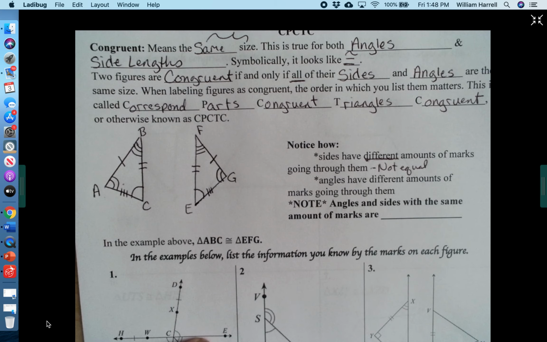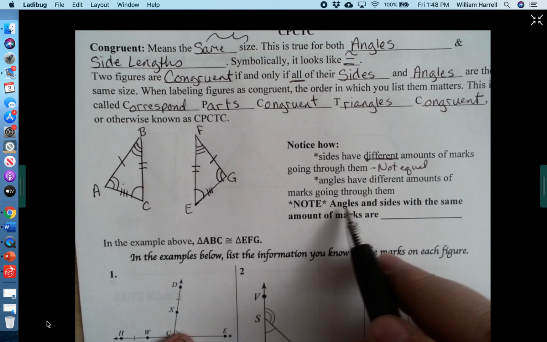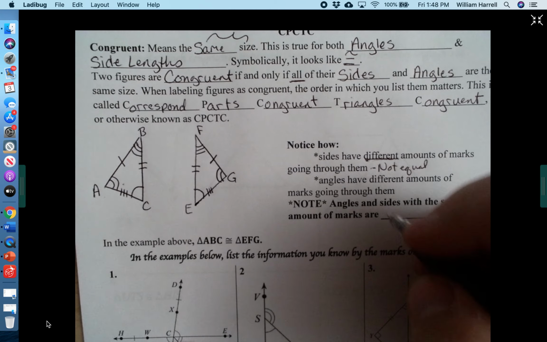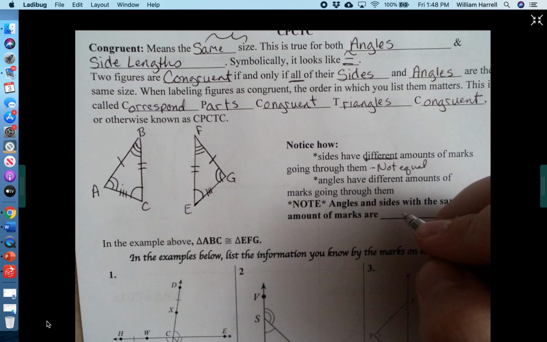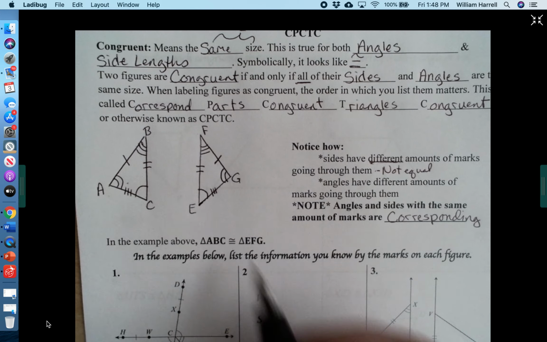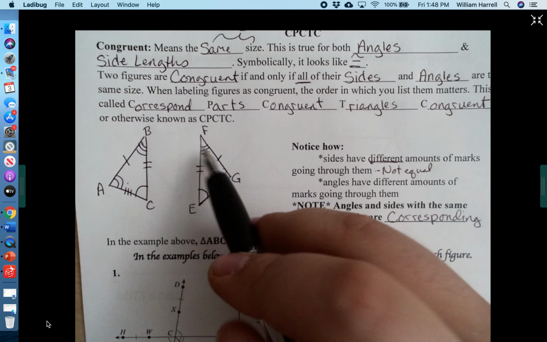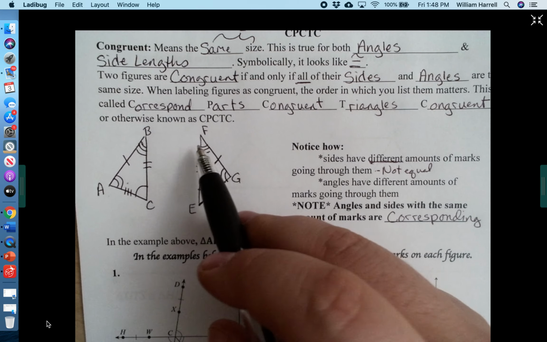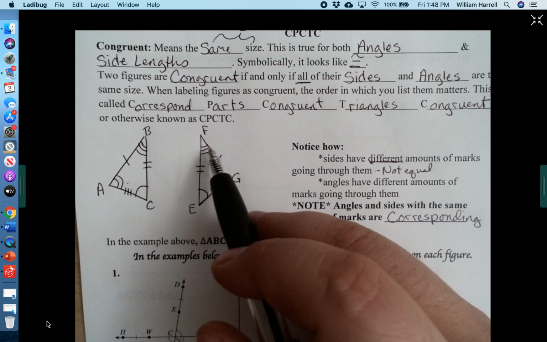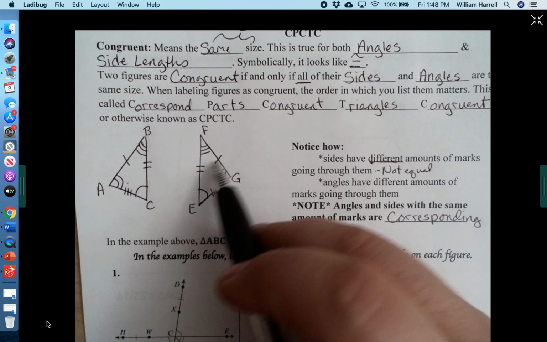Again, angles and sides with the same amount of marks are congruent, or they are corresponding. So when I mark angles, I like to go across, so I don't touch.